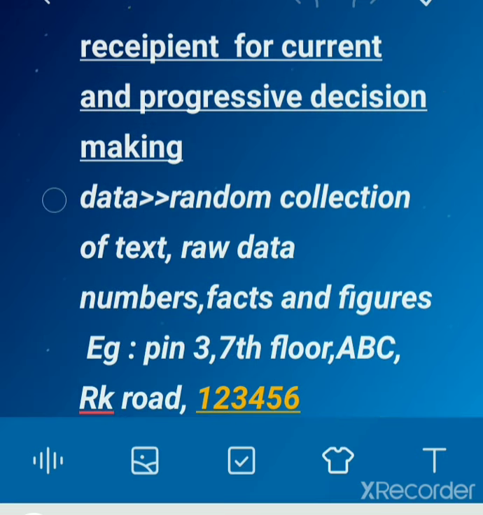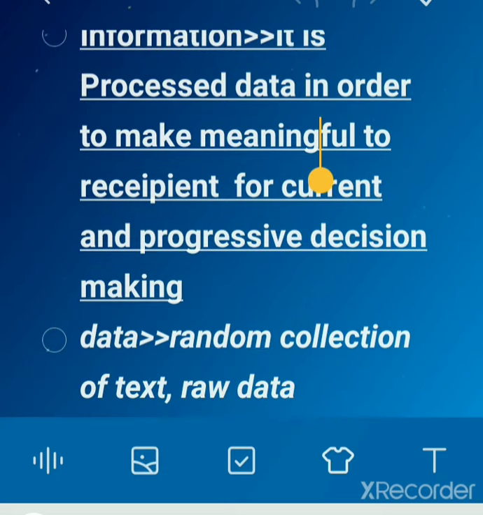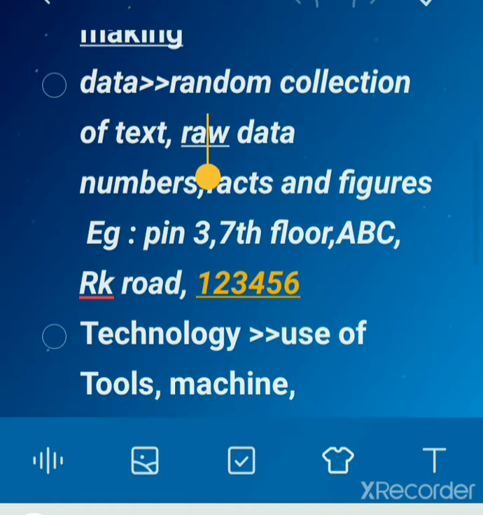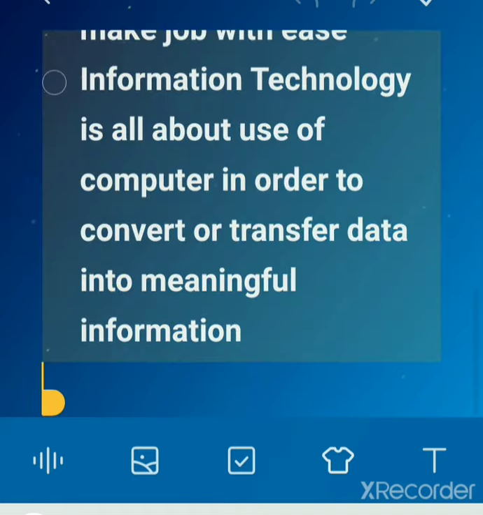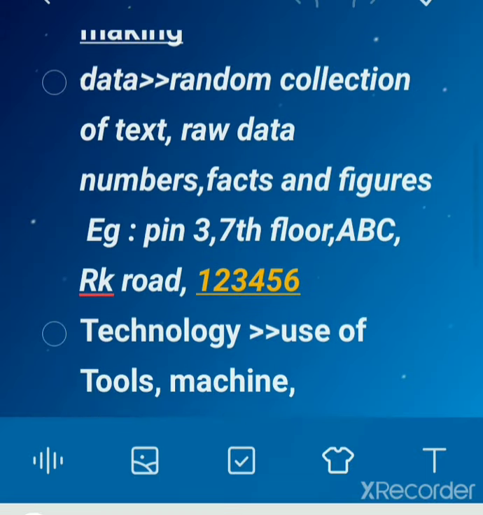When we get the final result, if the address is understood as this person's address, that is called information. It is meaningful to the recipient. Data is a random collection of text, raw data, numbers, facts, figures, which don't have meaning and are not in organized form, like this address. When we arrange this properly, it becomes information.